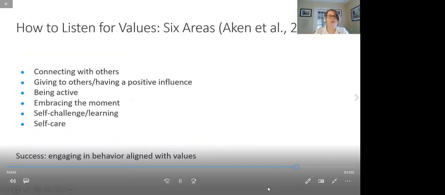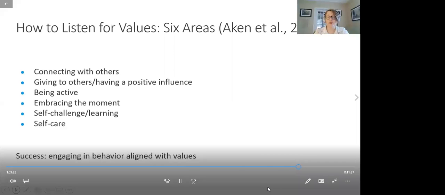So for some people, right, and this is sort of a developmental look, because adults tend to be more clear on their values than younger people. Here are some areas that we might listen for values in connecting with others: giving, having a positive influence, being active in our lives, embracing the moment, learning, and self-care.